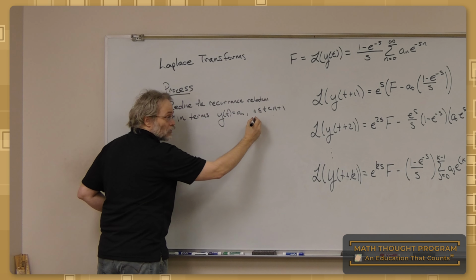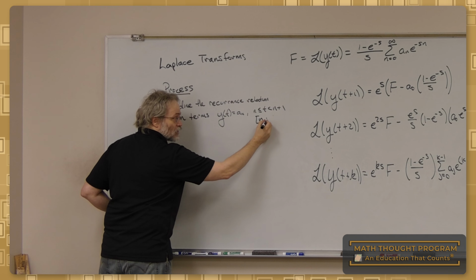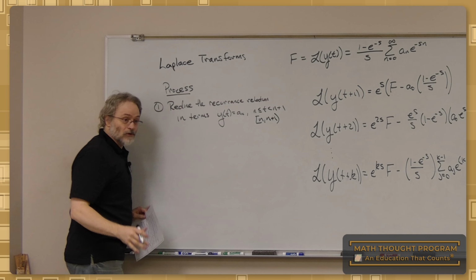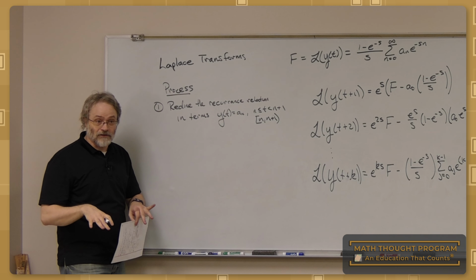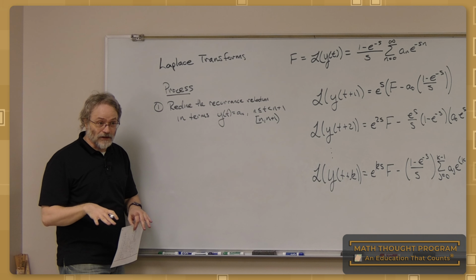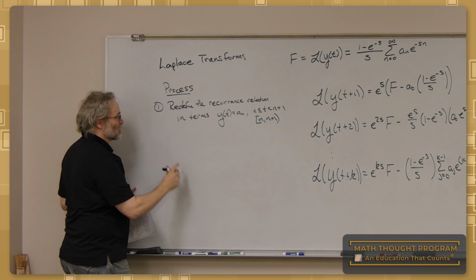So you're going to include n, but you're going to keep n plus 1 open. So whenever you start overlaying them, you're not going to have any contradictions. So you're going to redefine the recursive relationship like this.